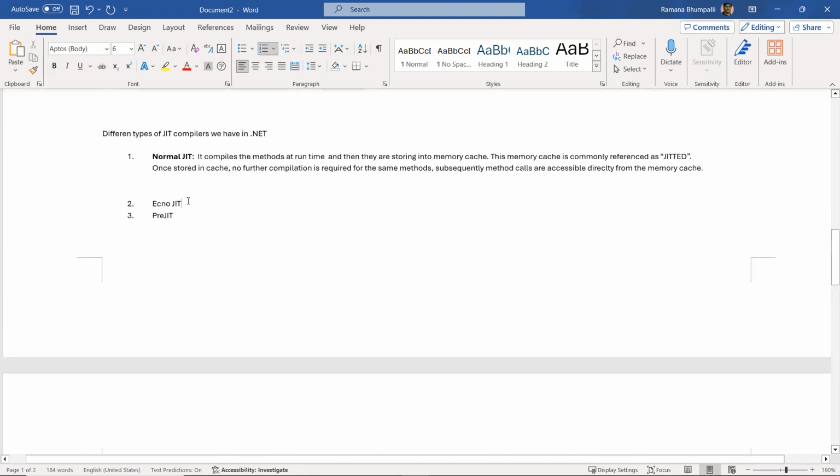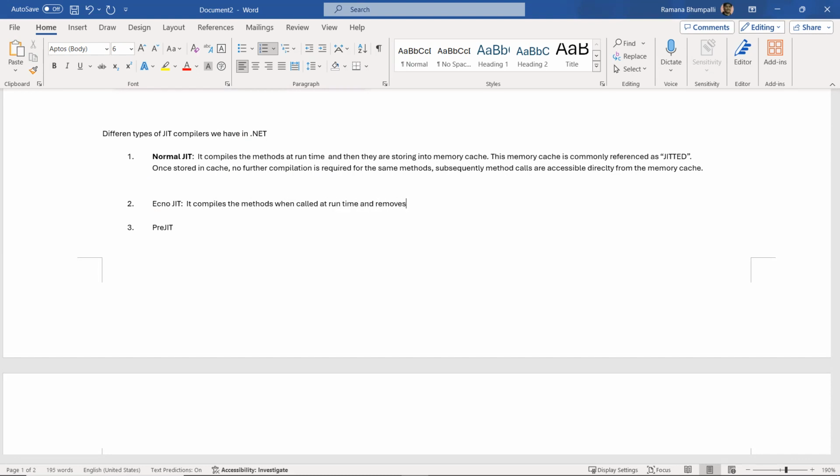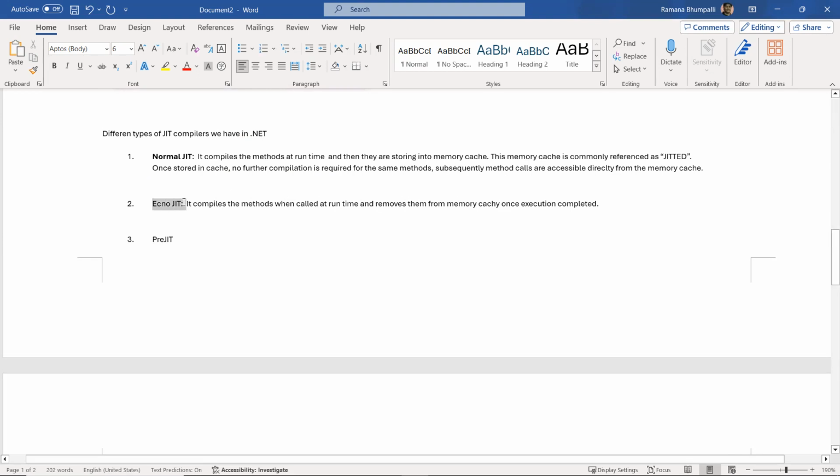And coming to the Econo-JIT, this is different from the normal JIT. It compiles the methods when called at runtime and removes them from the memory cache once execution is completed.